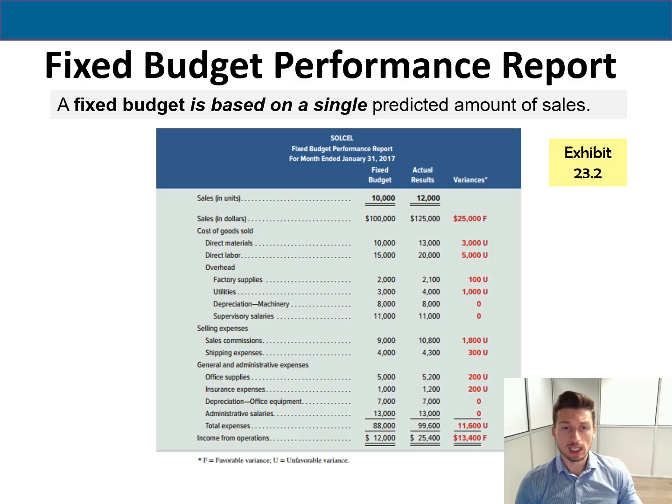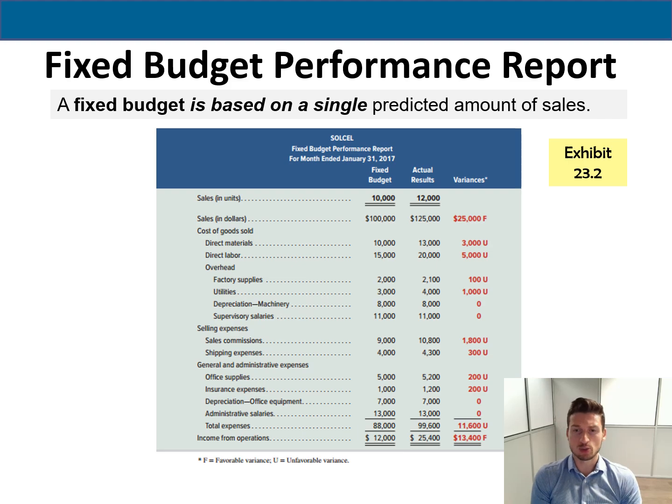Why? Because when I sell 10,000 units, of course my sales result will be different than when I sell 12,000 units. That's why it's difficult and not very useful, but we still need to understand how it works in order to understand the basics of fixed and flexible budgeting. We're going to go step by step. First, in sales, what is important?